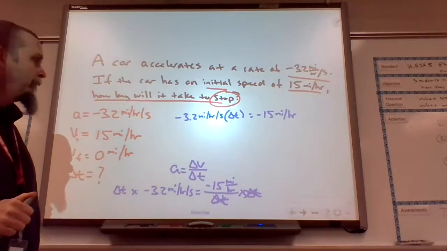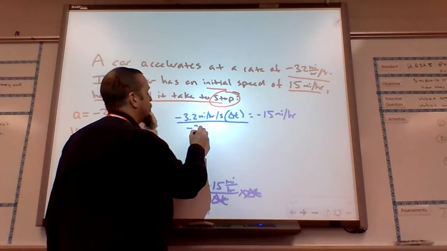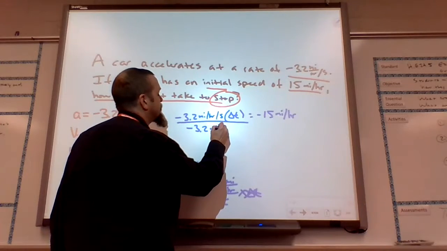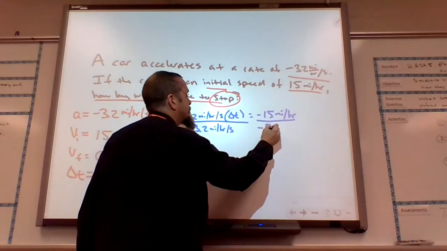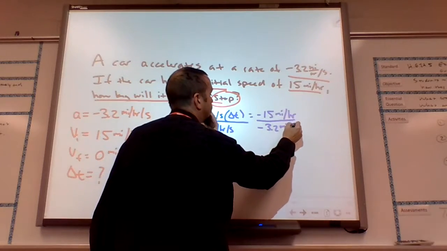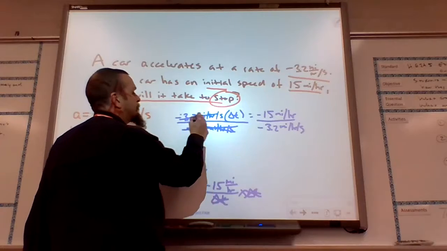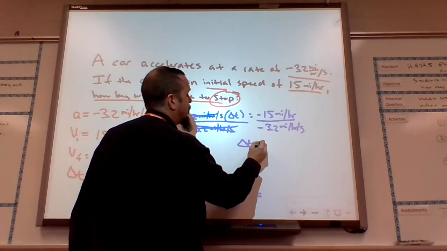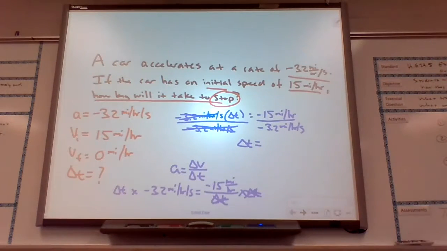Since we're multiplying by negative 3.2, we'll divide both sides by negative 3.2 to solve. So I end up with delta T equals negative 15 divided by negative 3.2, which is 4.68.